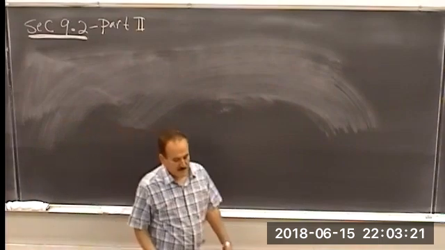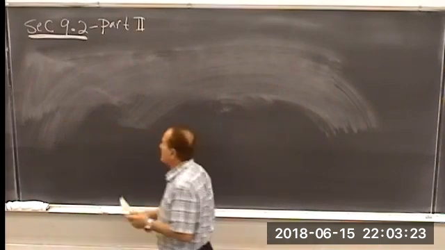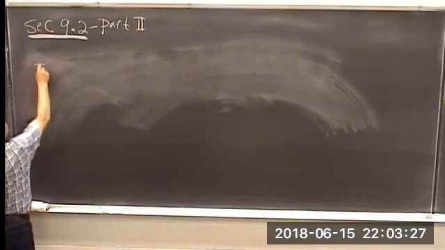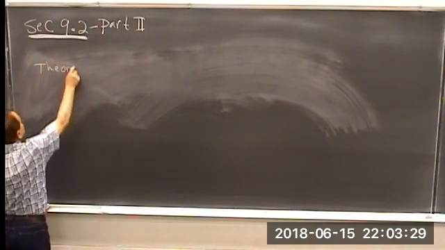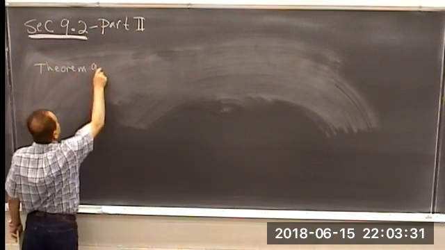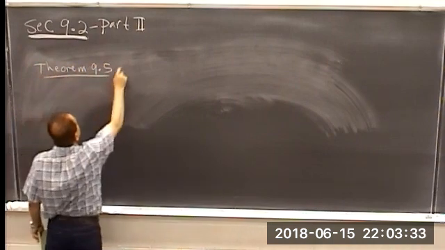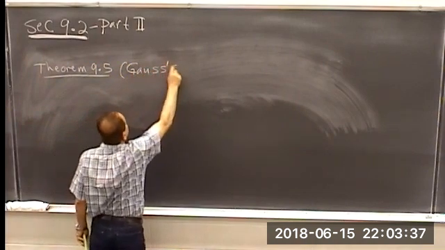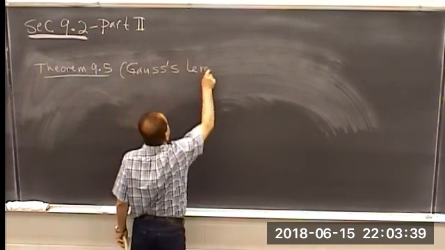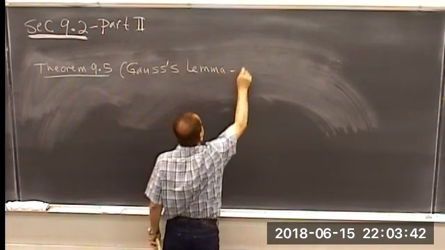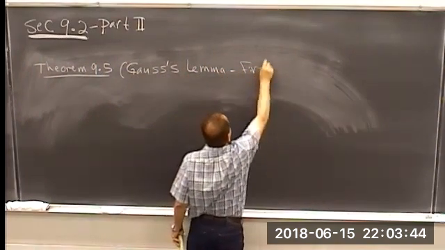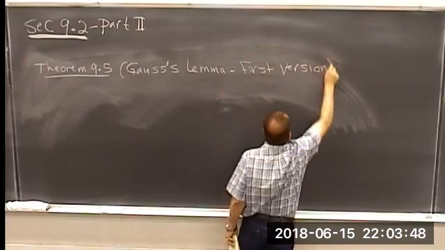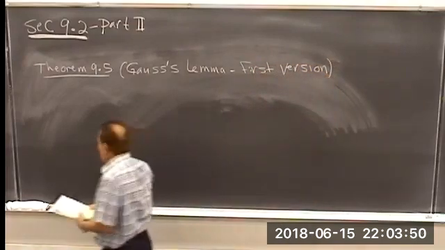Actually, this is Theorem 9.5. However, it is known as Gauss's lemma, and this is the way we usually refer to it more than as a theorem. This is the first version of it, and it goes like this.